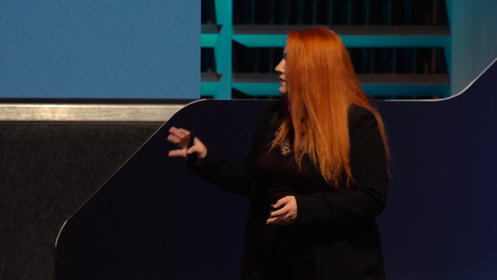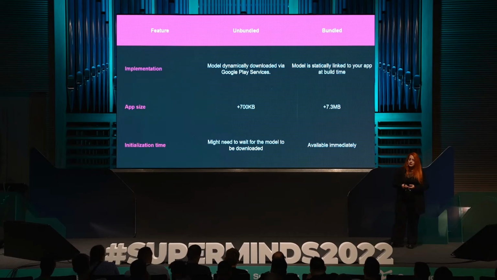For the first one, it's about 700 kilobytes because we just download the model afterwards. For the second one, it's 7.3 megabytes because the models are quite big. And finally, for the initialization time, the unbundled one needs to be downloaded, so it is a little slower, while the other one is available immediately. If your application doesn't heavily depend on that machine learning model, then I think there is really no reason to go for the bundled one and not the unbundled.